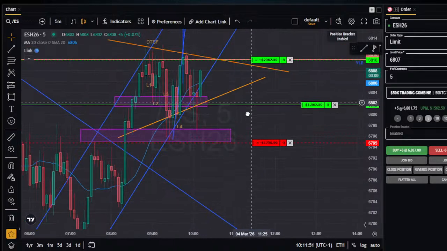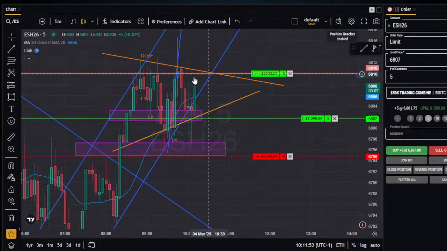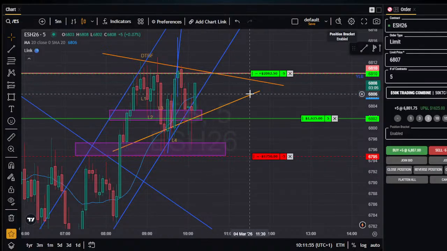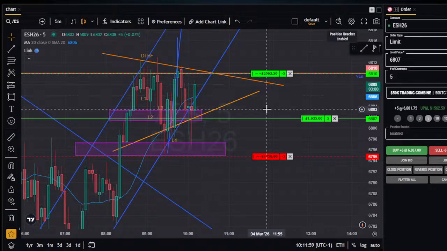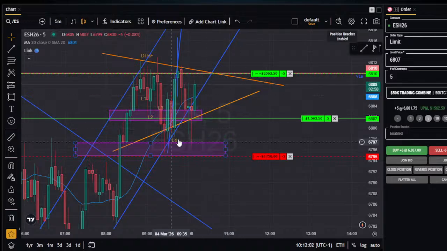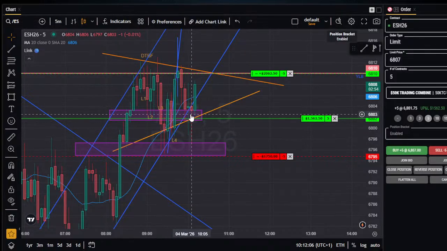Now we have still a triangle, and I am selling out at the resistance at the triangle, knowing that this could be a high 2, because we have the complex high 1 here and the second, high 2, complex high 2 here.